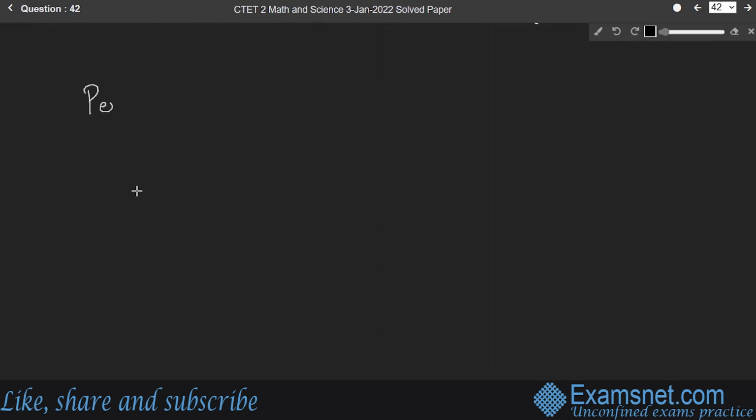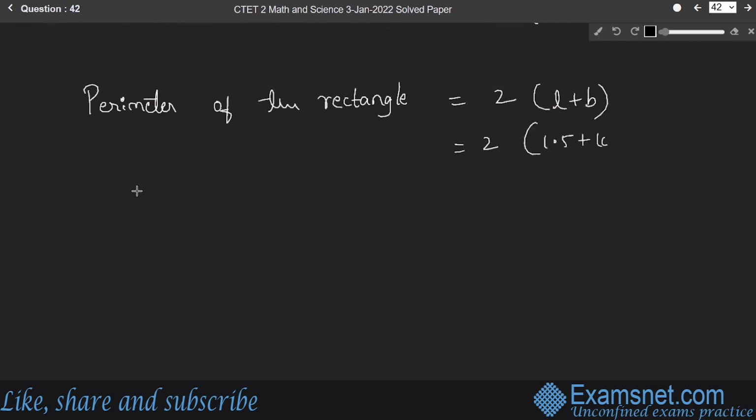Perimeter of the rectangle is equal to 2 times length plus breadth, 2 times 1.5 plus 100, which is 2 times 101.5, 203 meter. Perimeter of the rectangle is equal to 203 meter. So this perimeter is nothing but the distance covered by Deepak in one round.